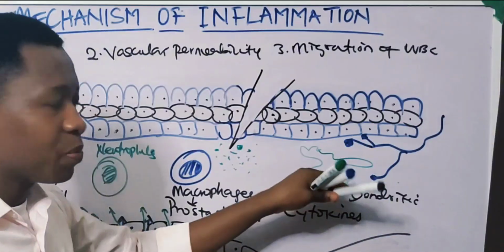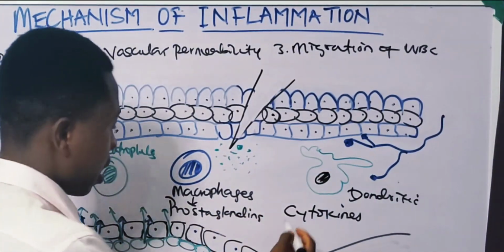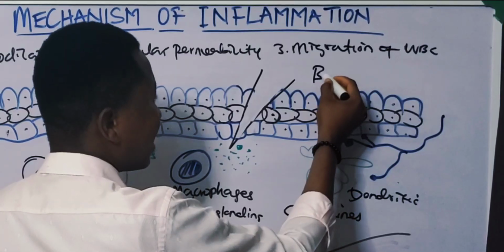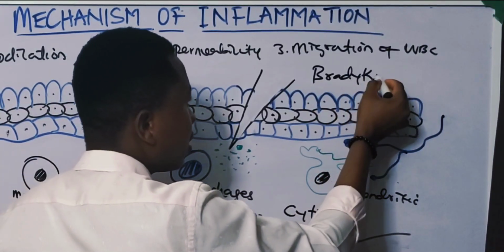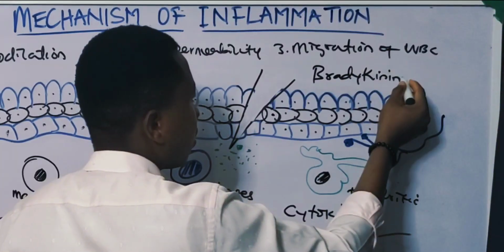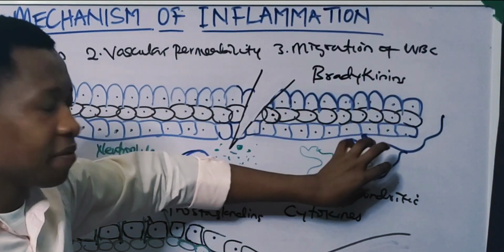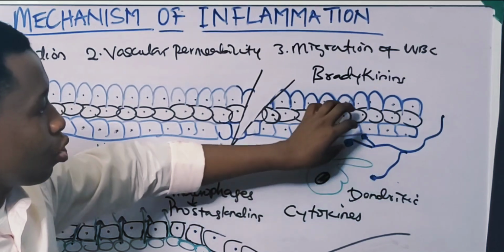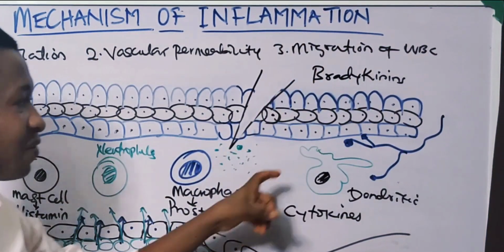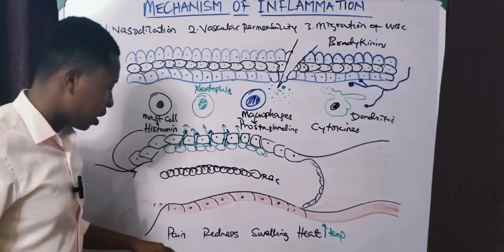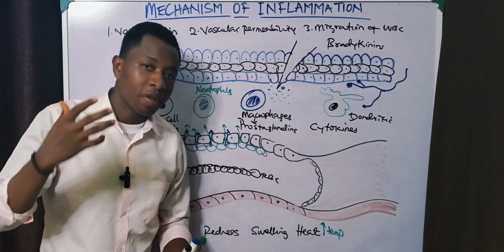Chemokines are responsible for activating these signals, and those are the kinins, especially the bradykinins. The bradykinins activate the nerve endings to send information to the brain that something is happening, and that information is interpreted as pain, and that's what brings us to our last sign of inflammation.